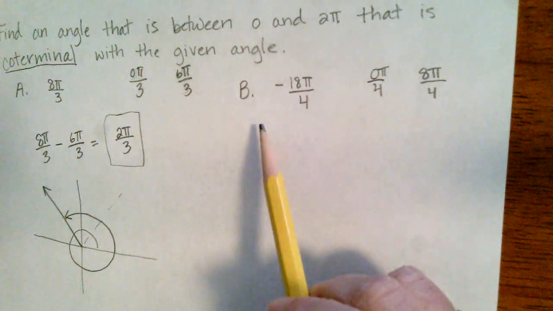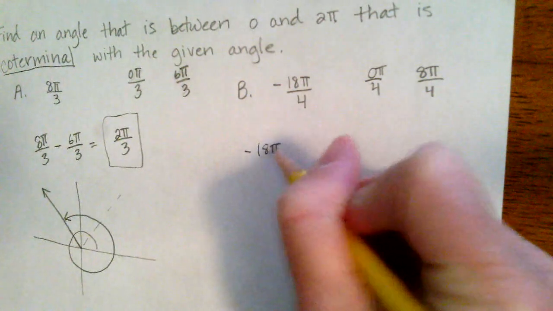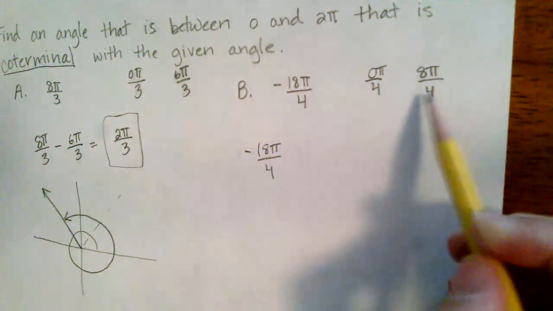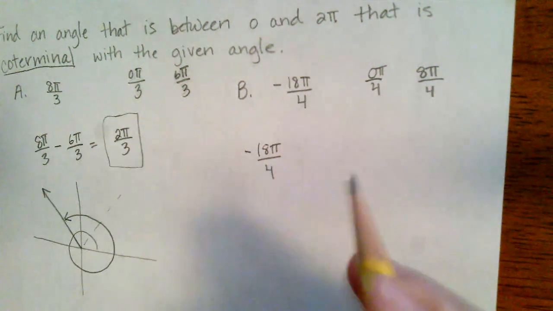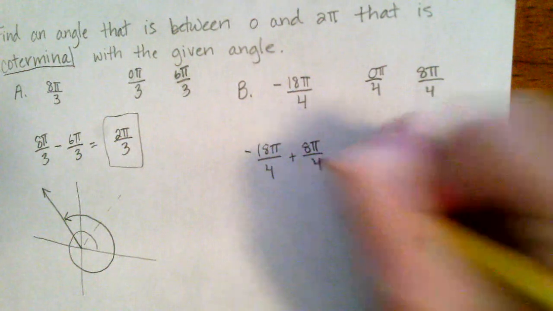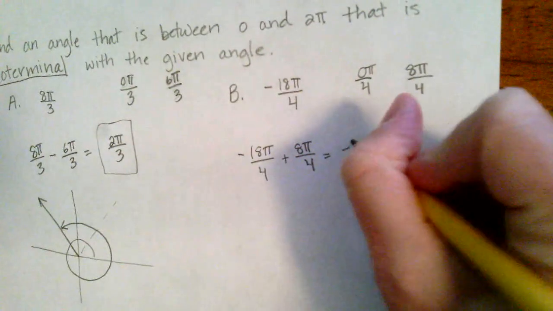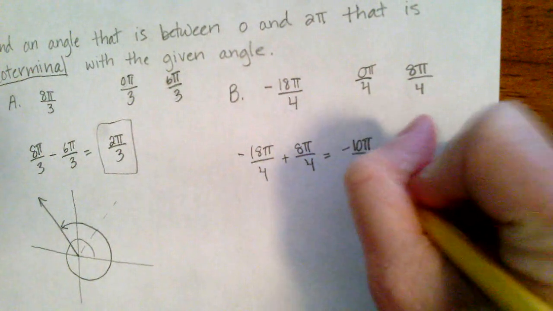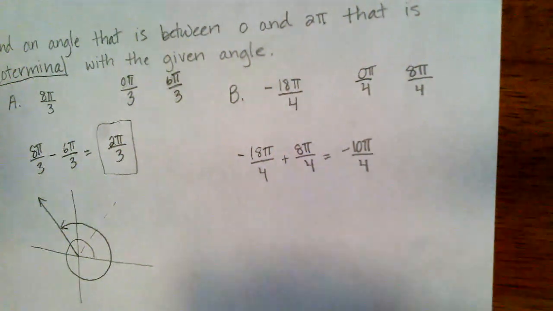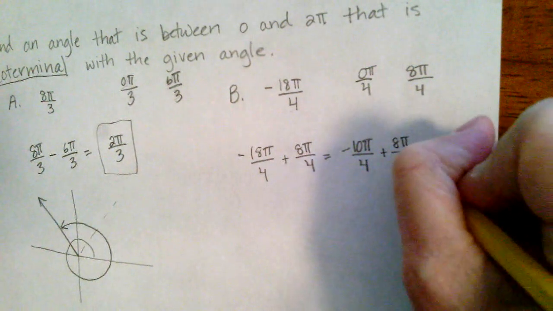So that means to get back up, we need to add 2 pi's. So 2 pi in terms of fourths, I'm going to add 8 pi over 4. I'm going to see that that's negative 10 pi over 4. I'm not going to get there. I'm going to add another 8 pi over 4.